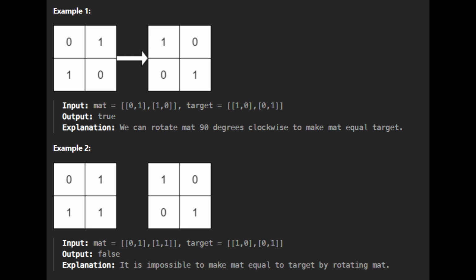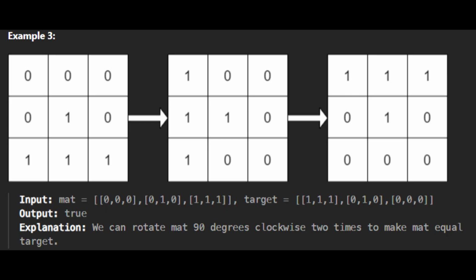Again, the matrix is different from the target. Finally, rotate by 270 degrees. Still, it does not match the target. Since none of the rotations make mat equal to target, it is not possible to achieve the target matrix, so the output is false.